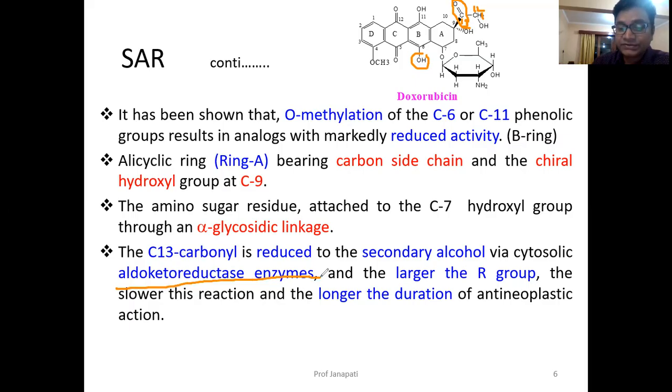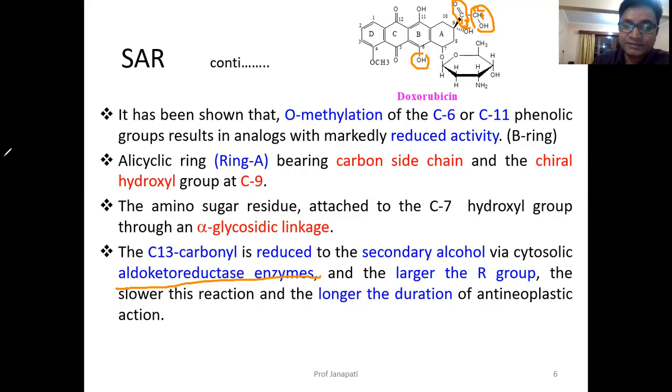So if the group is bigger, if we have kept here CH2OH, if the group is a bigger one, what happens is that you are getting a molecule with long duration of action. Still, there is no drug in the market, but this is the SAR we need to learn. Maybe in future these drugs will come.